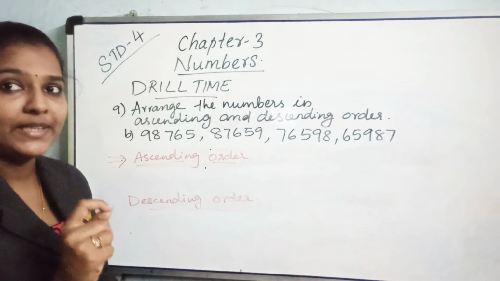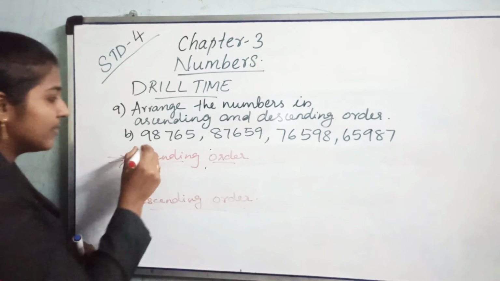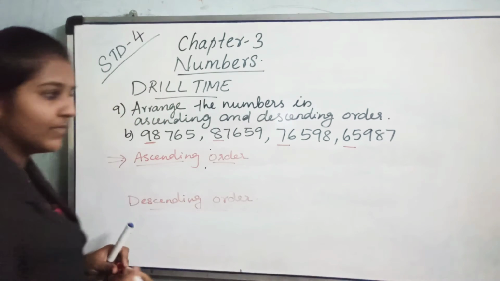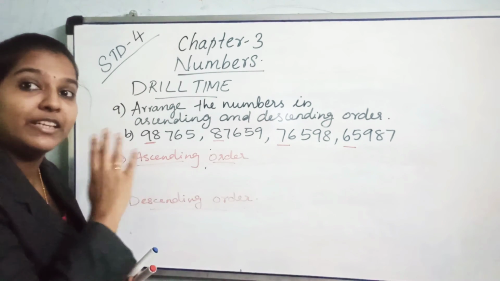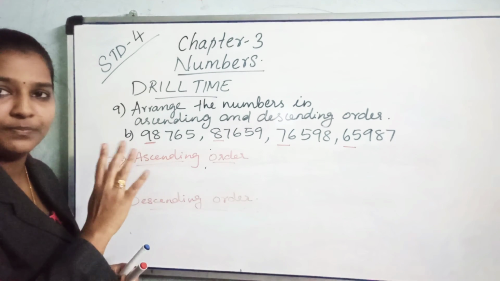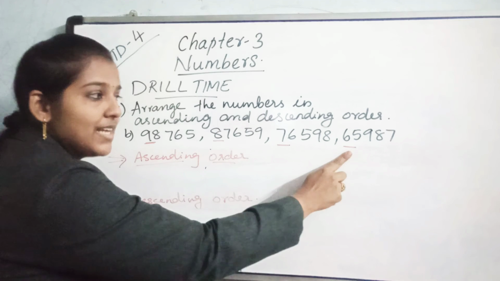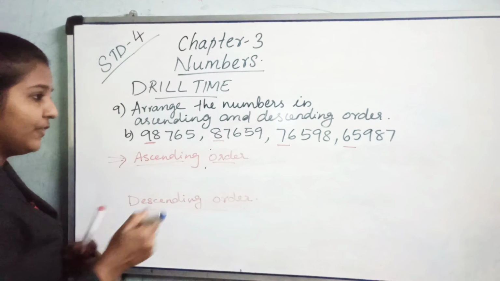So compare the digits in the 10,000s place. Here the 10,000s place digits are 9, 8, 7, 6. It's very easy because the 10,000s place digits are different in each number. Okay. So you take the smallest number, that is 65,987. So write that in the first position.